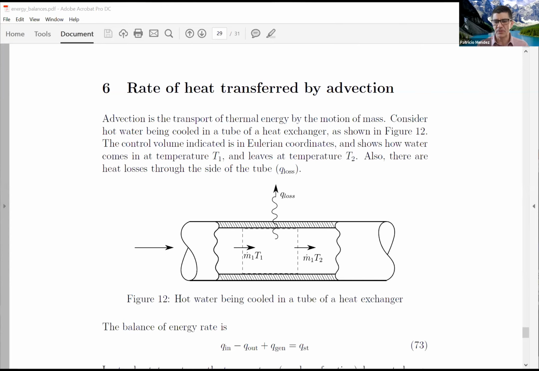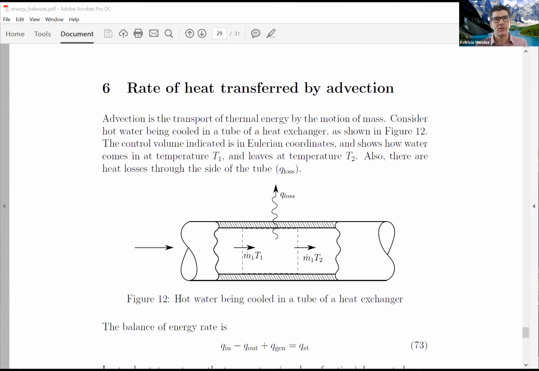Please let me know if you see anything else, but I believe you are seeing the notes on heat transfer by advection. I said convection, but I actually meant advection. Here we go. Awesome. So what we're talking about is exactly the same thing we've been discussing so far.